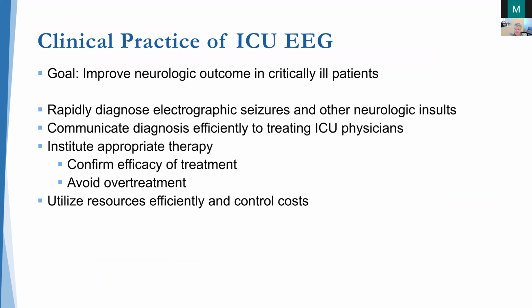And then once a diagnosis is made and appropriate therapy is begun, we can confirm the efficacy of treatment and avoid overtreatment using EEG. We also want to make sure that we utilize our resources efficiently and control cost. And I think when we're talking about using EEG to monitor ischemia, it is very resource intensive, and this use of resources is very important.